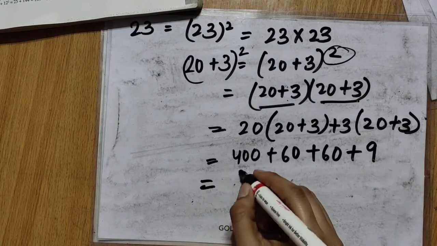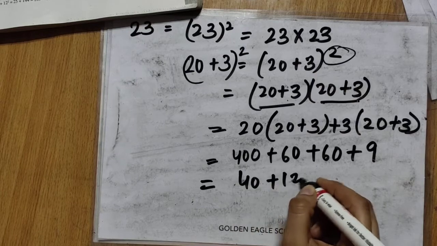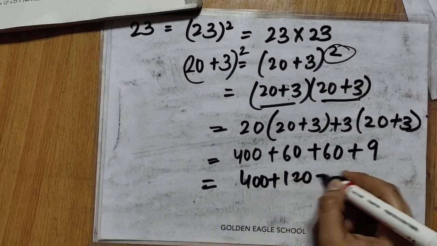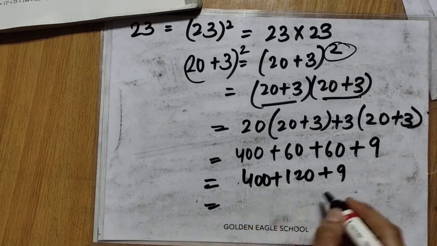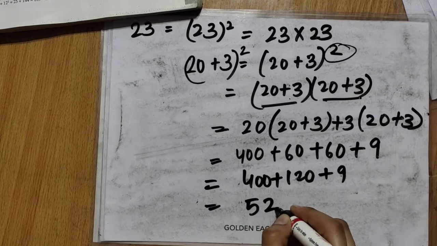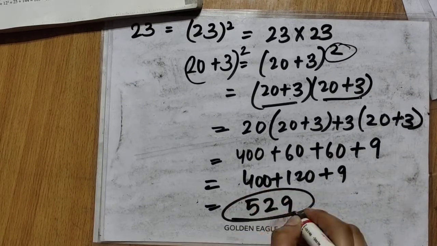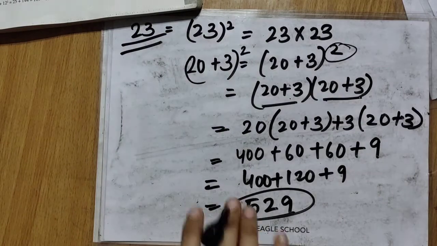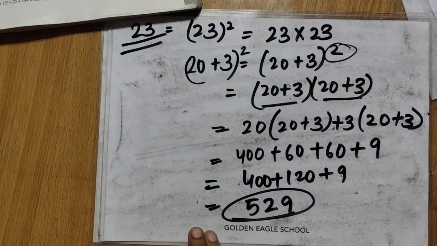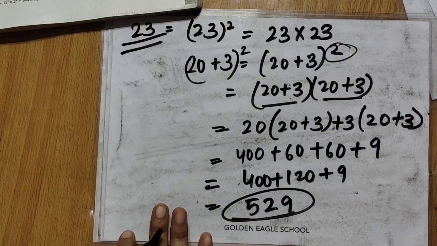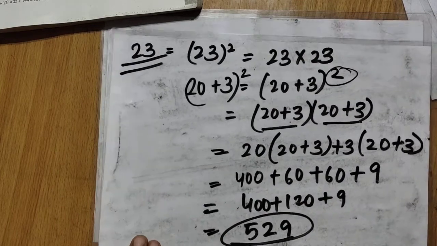So this will be 400 plus 120 plus 9, that is 529. This is how you are going to find the square of small natural numbers given to us.